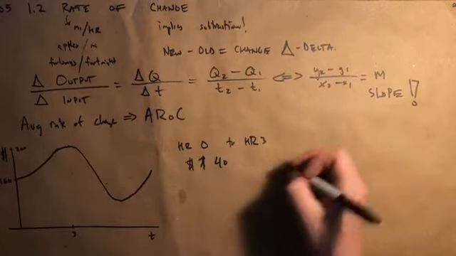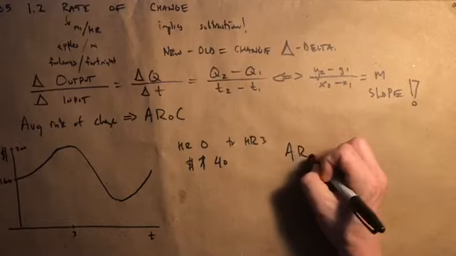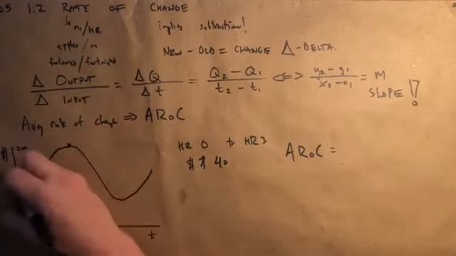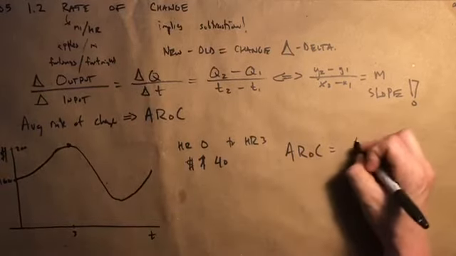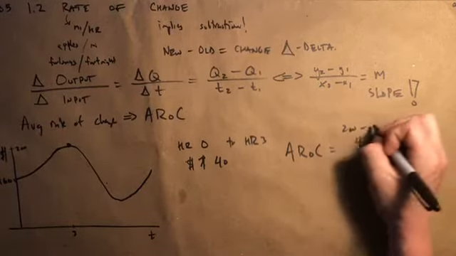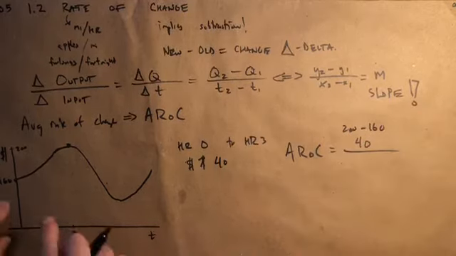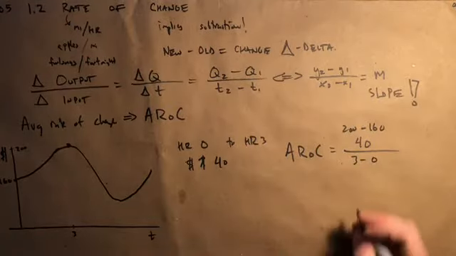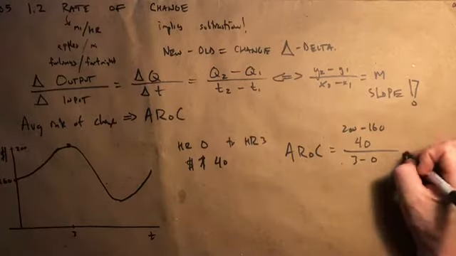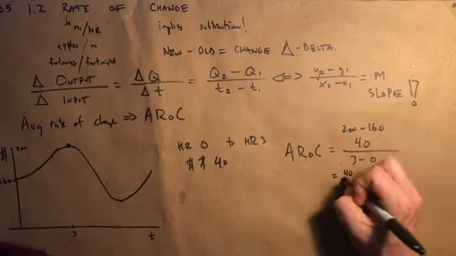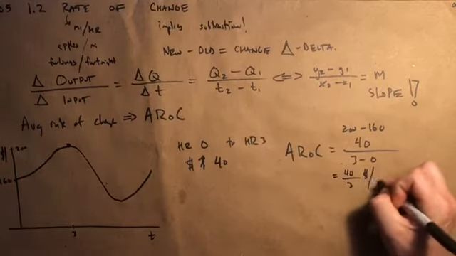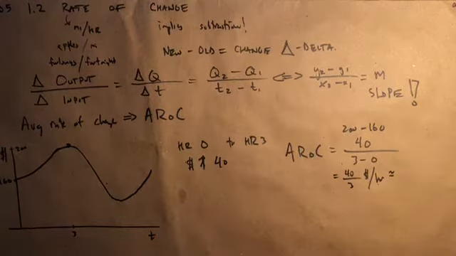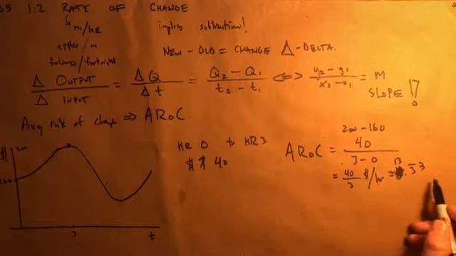So what was the average rate of change over that time period? Well, I can say that the change in dollars here was 40, 200 minus 160, over the change in time. And we're done. We have 40 over 3 dollars per hour, which is approximately $13.3 per hour.